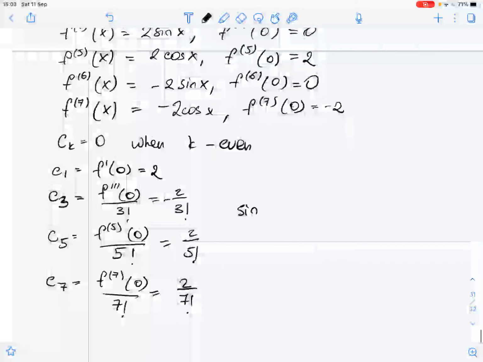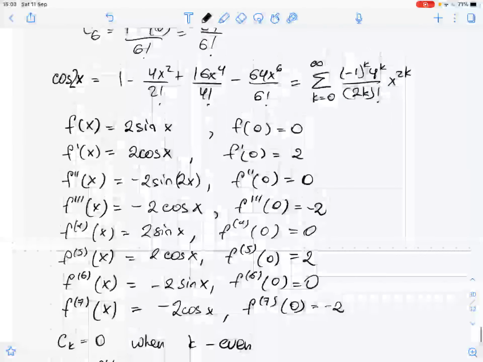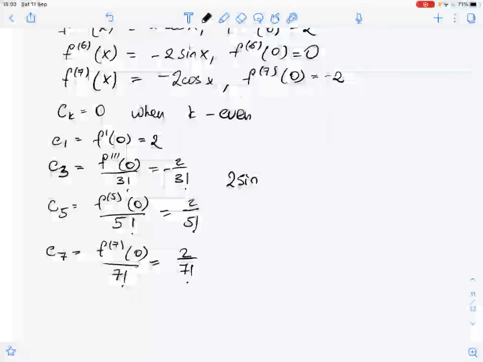So we get that sine of x, it's not sine of x, what was it?